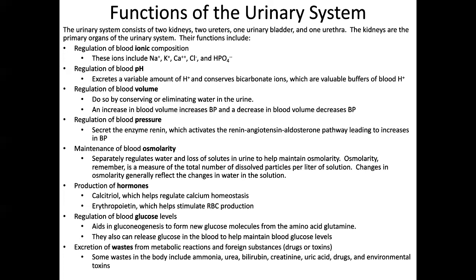And then the excretion of waste from metabolic reactions and foreign substances, which include things like drugs and toxins. And these wastes in the body can include ammonia and urea, which we talked a little bit about the other day. They happen to form when we deaminate amino acids. We also have other waste products like bilirubin, creatinine, uric acid, and then you've got drugs and environmental toxins.